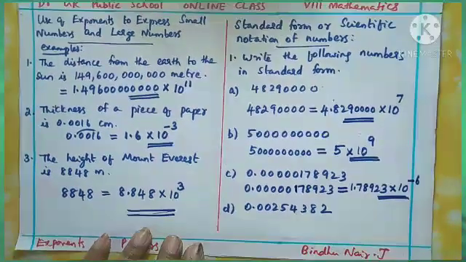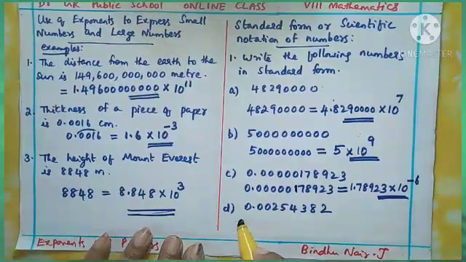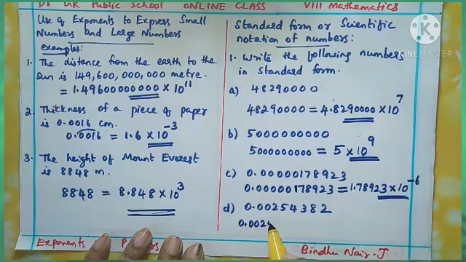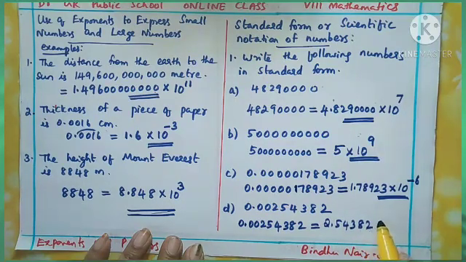Understood? Yes. One more question from here. 0.00254382. This is also a very small number. So here you want to place the decimal after 2. So it becomes 2.54382 into 10 power. So to place after 2, how many places we moved? 1, 2, 3 places.